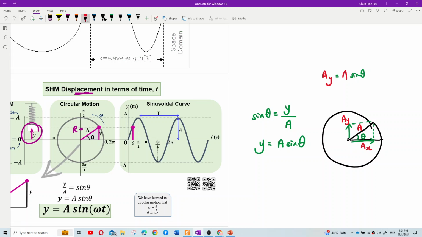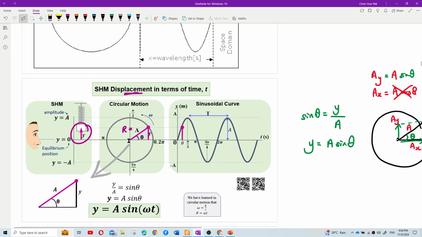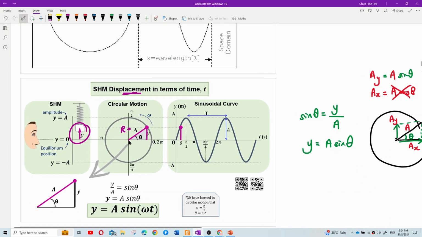Kita bukan nak cari AX cos theta. So we just want the y component of the amplitude, which is the displacement that we want to find.